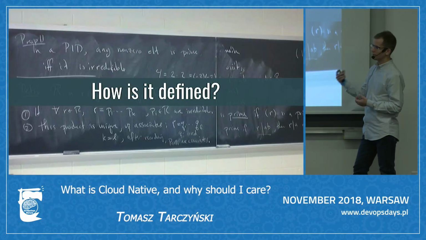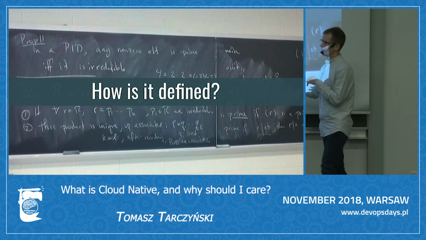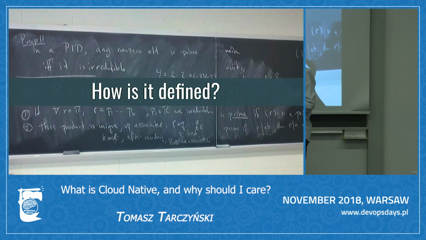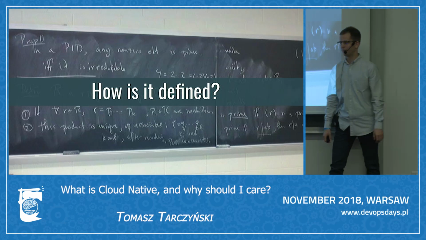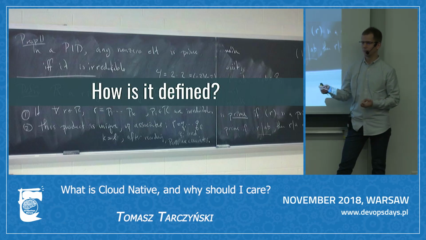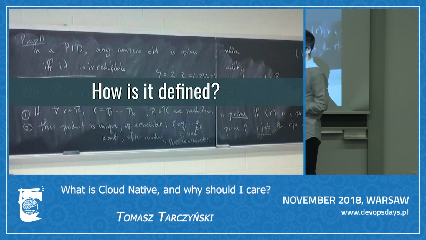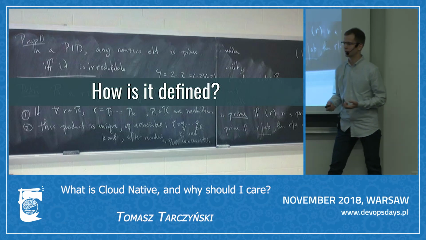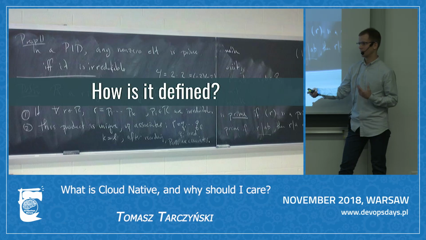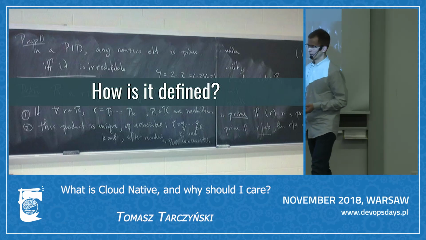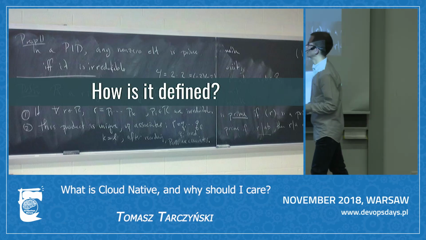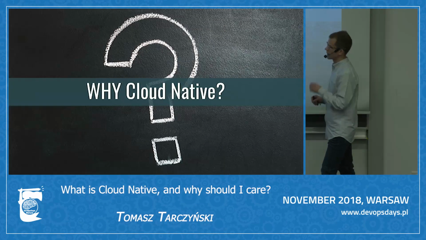So then I started to dig into how different people describe and explain it. And I found several different definitions, different points of view. And actually those definitions are also still evolving. So there are different opinions there, and it changes.